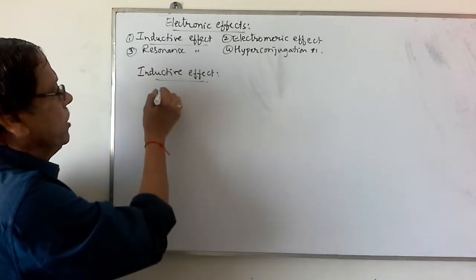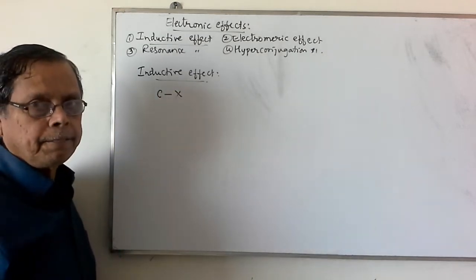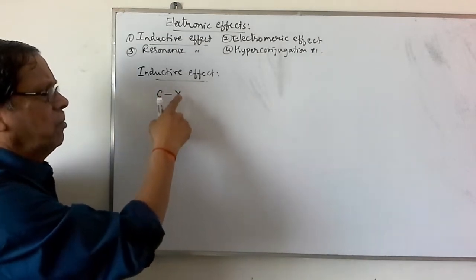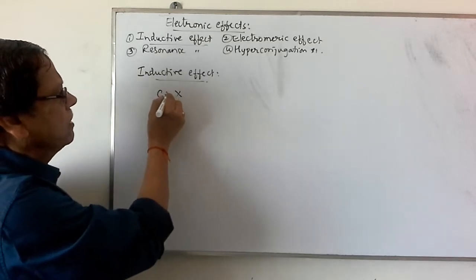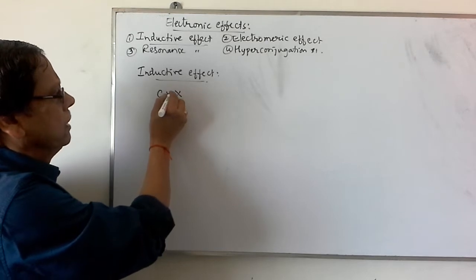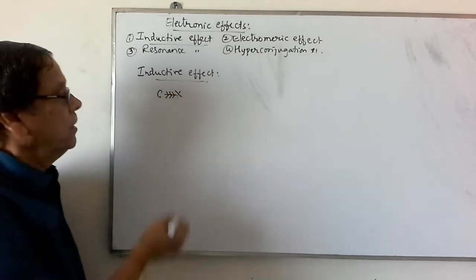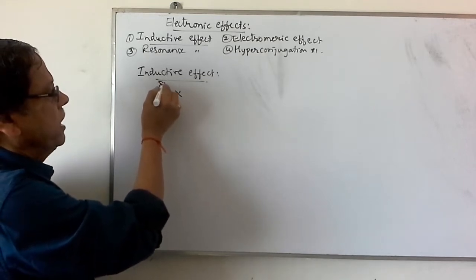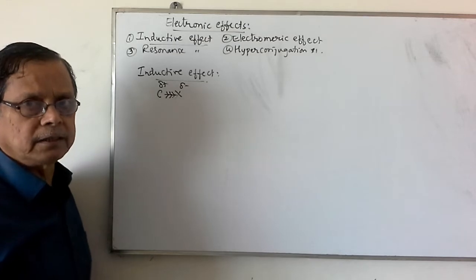That's why when you consider a bond between the carbon atom and some other group, X group, if this X is more electronegative than the carbon atom, then the electrons of this sigma bond slightly get displaced towards this X group. So this carbon will then carry slight positive charge, then this X group will carry slight negative charge.